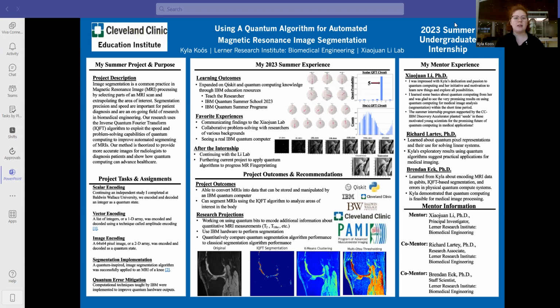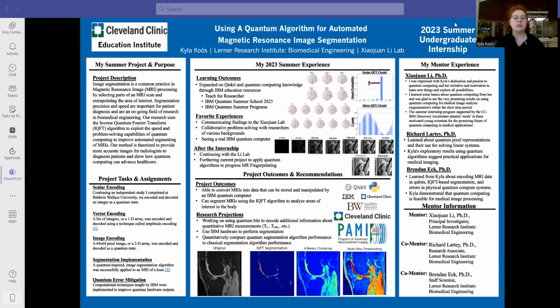Segmentation speed and precision are important for patient diagnosis and are a pretty ongoing field of research, just because as we come up with new algorithms and improve the performance, we want to keep becoming more precise with our segmentations and make sure we're doing it at a good speed.